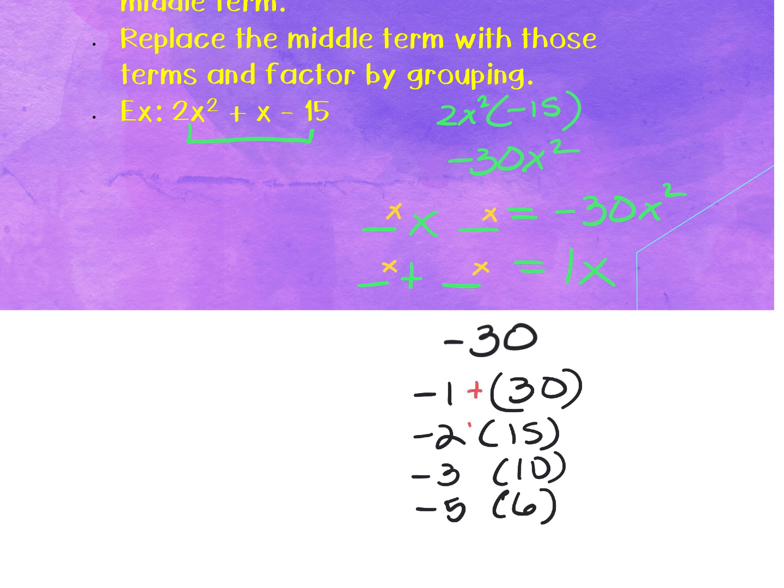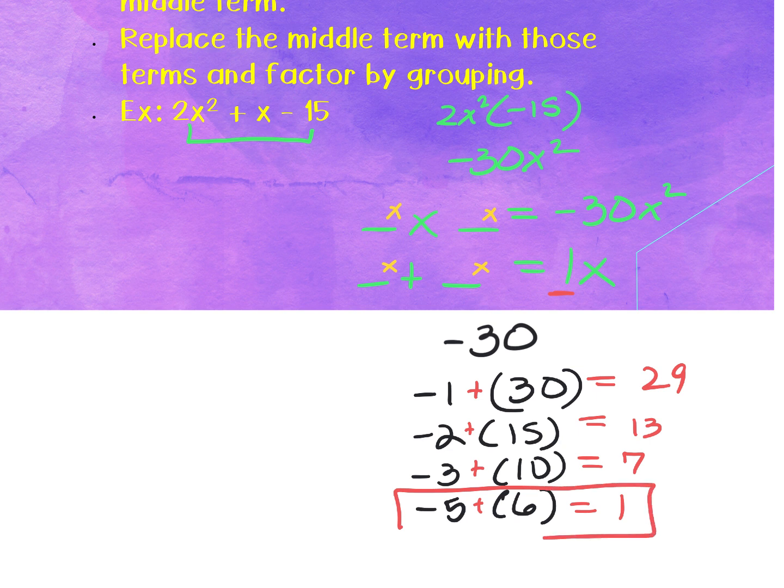If I go back now and add them until I find the one that gives me the 1, this gives me 29, this gives me 13, 7, and the last one was my magic combination here. So it's going to be negative 5x times positive 6x, and then negative 5x plus 6x gives me the 1x.